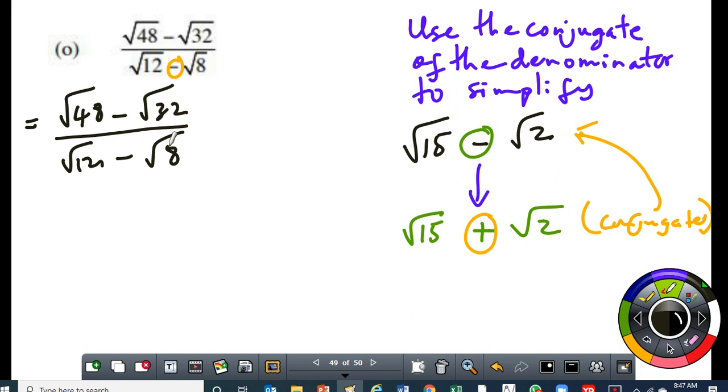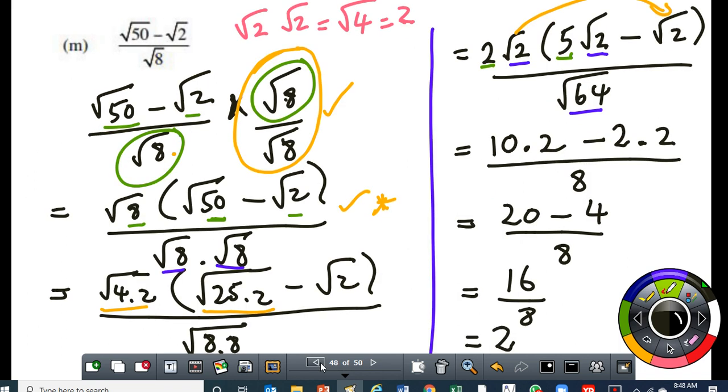Okay? Remember, these sets are irrational numbers. So when we rationalize, we have to convert the denominator to a rational number.